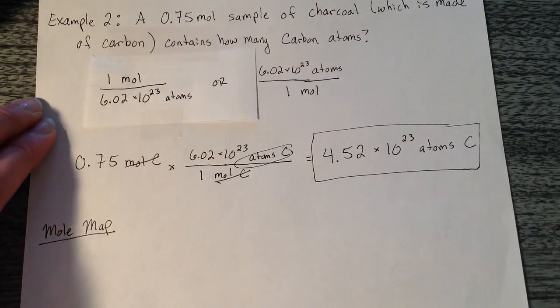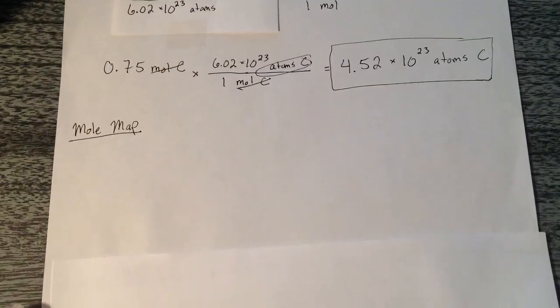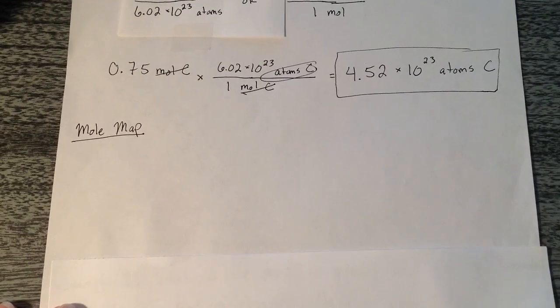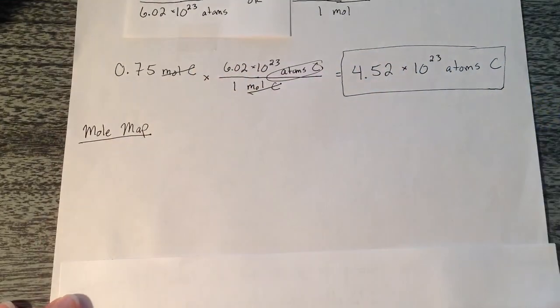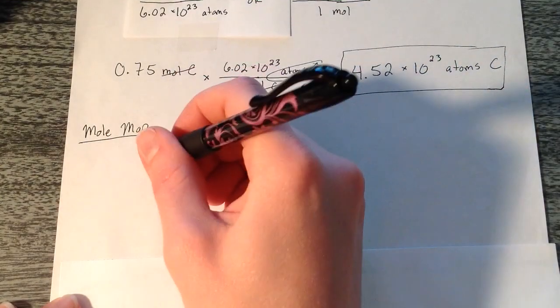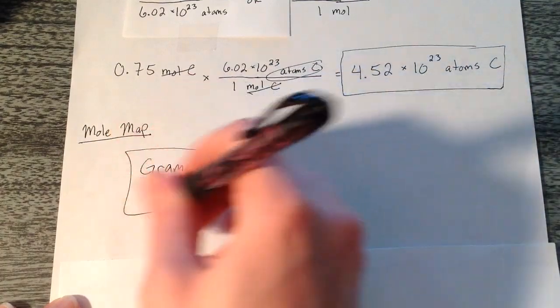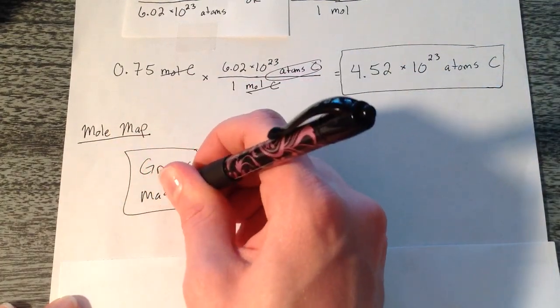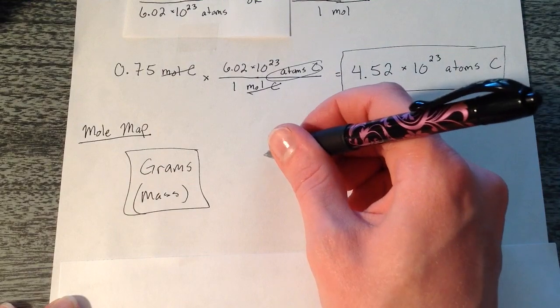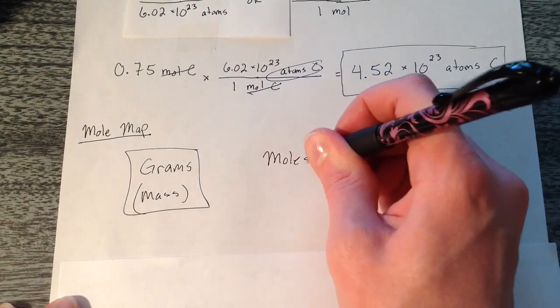Let's now recap a little bit of information. In my molar conversion part 1 video, at the very end of it, I introduced something that I called the mole map. And we had grams, which is our unit of mass, and we converted that into moles.